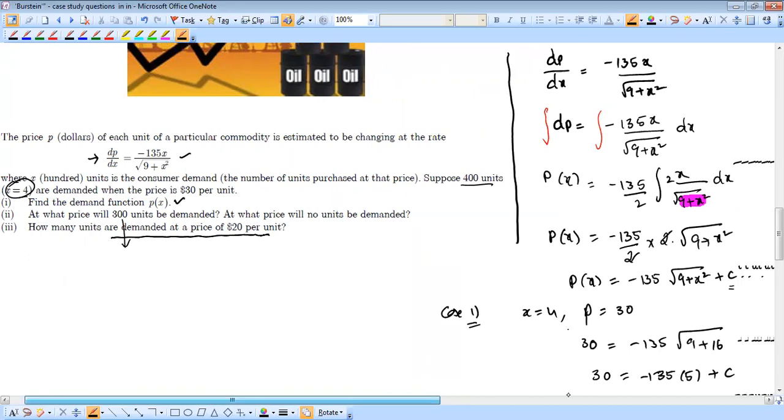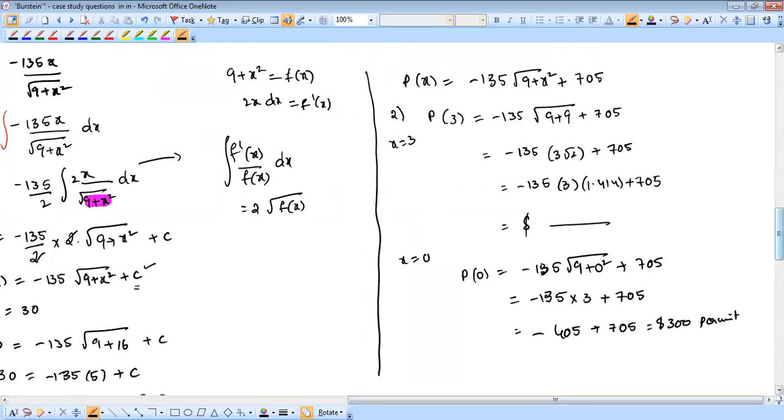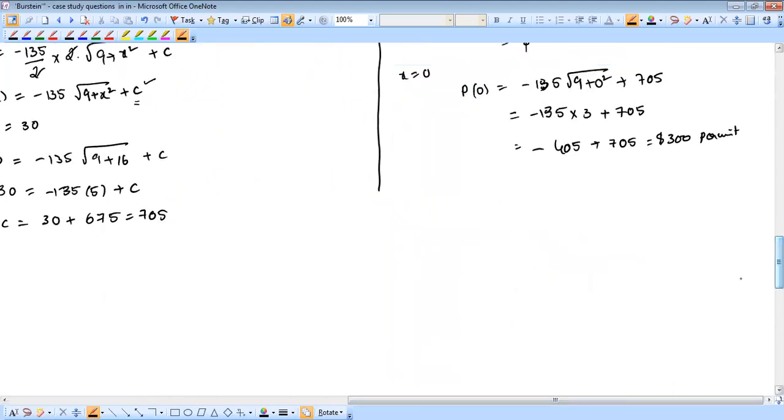Now we are supposed to find the x value. Given $20, 20 is equal to the demand function we got, minus 135 root over 9 plus x squared, plus 705. Carry 705 to the other side: 20 minus 705 is minus 685, equal to minus 135 root over 9 plus x squared.